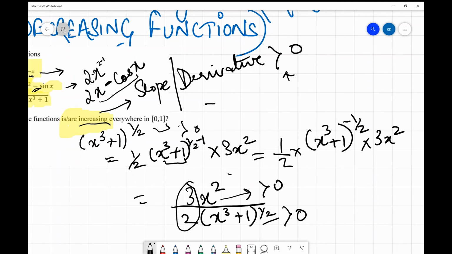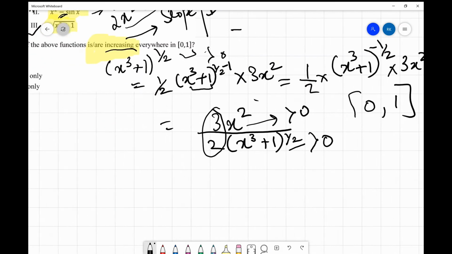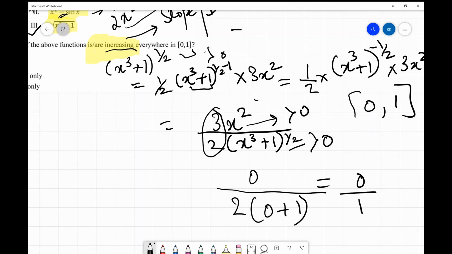Also, if I put x equals 0, the smallest value in the range 0 to 1, the numerator 3 into x square will be 0, upon 2 into the root of x cube plus 1, which is 0 by 1, which will be 0.